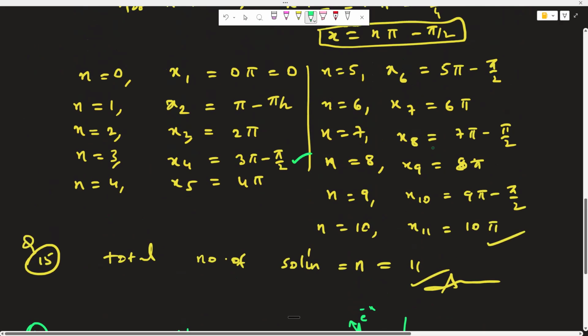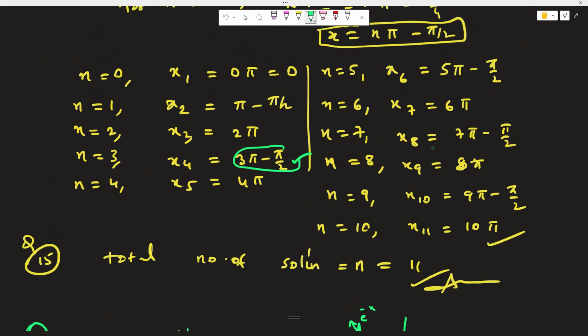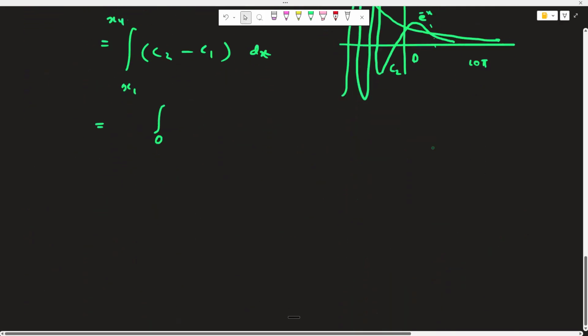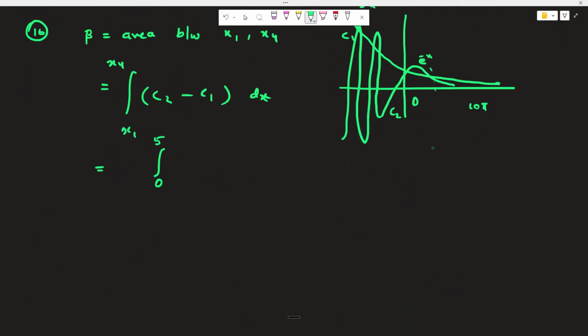If you calculate this, 6 pi minus pi by 2, which is 5 pi by 2. C2 is e power minus x into sin x plus cos x, minus C1 which is e power minus x, dx. Let's first implement the integration part, and then we will solve the remaining part.